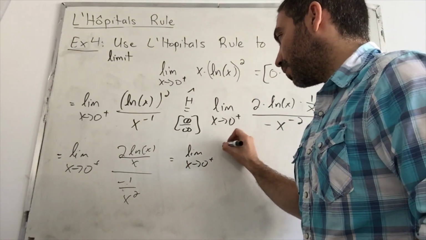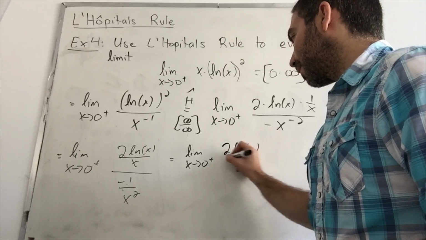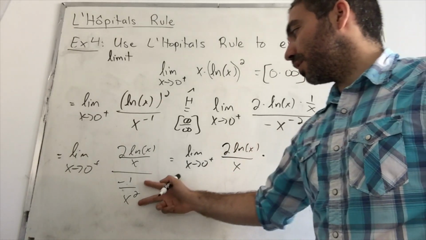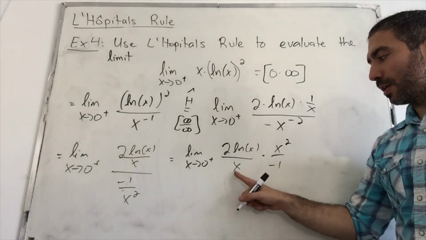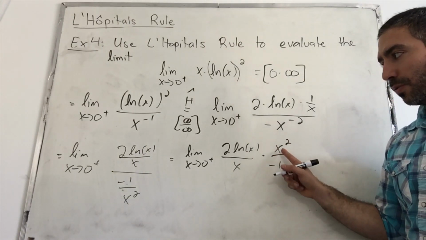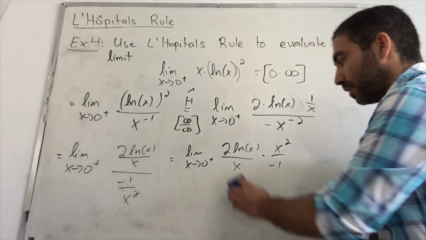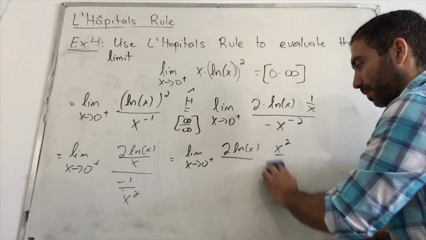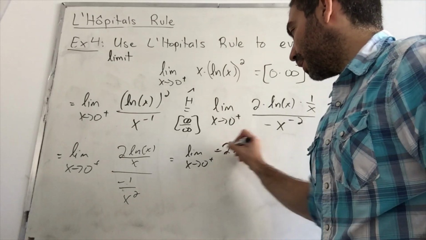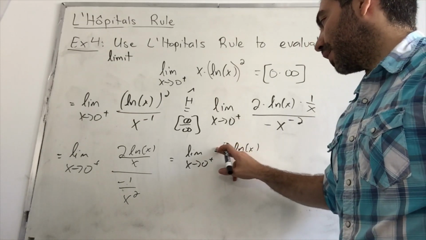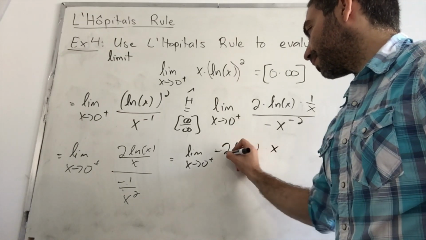Flipping this, we get 2 ln of x over x times x squared over negative 1. And notice that one of the x squared cancels with the x. So this leaves us with no division, just negative 2 times ln of x times x.